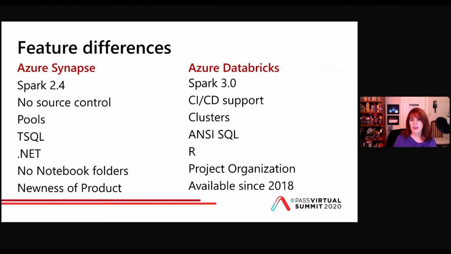So it is still a pre-release product, and I don't work for Microsoft, and I don't know when it's going to become generally available. I'm not sure that Microsoft knows yet because they're interested in providing a quality product that has the features that they know that they need. Couple things missing, like source control, that's not there yet. So there is no release date. So I am talking about a pre-released version.